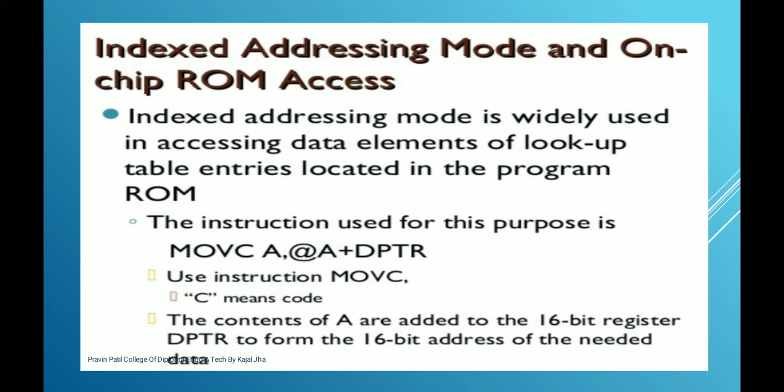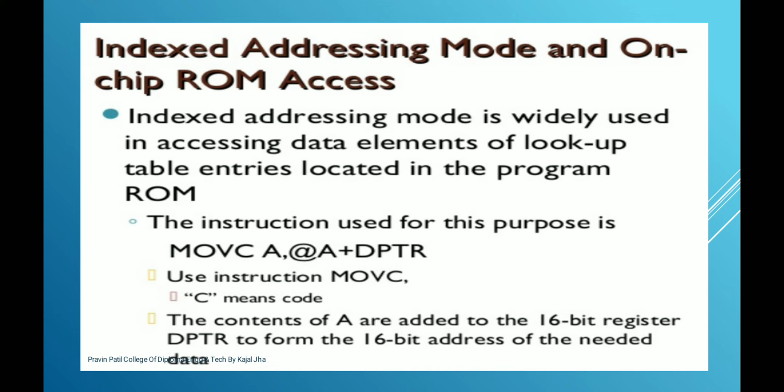That means the memory location is nothing but the addition of A and DPTR. The address of the internal or external memory, because MOVC here means internal and external, is the addition of the accumulator and DPTR.